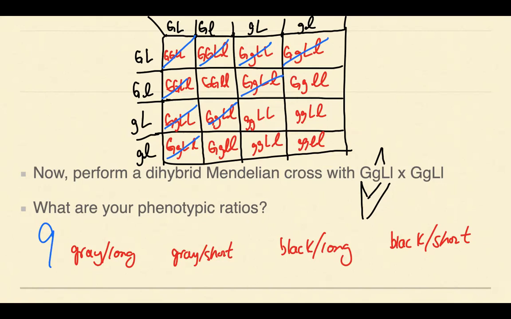All right, so we need gray body but short wings. So we need big G's and all little L's. That's 1, 2, 3. Black and long, that's little G's but big L. That's 1, 2, 3. Yep, 9331. So that is what we would expect, a ratio of 9331.